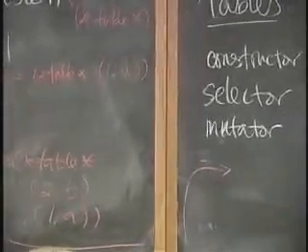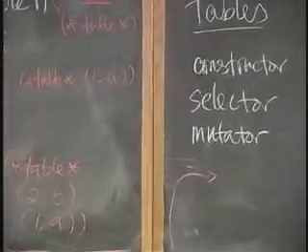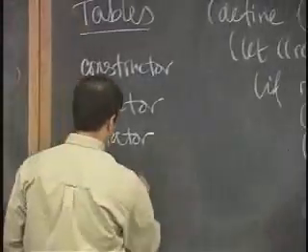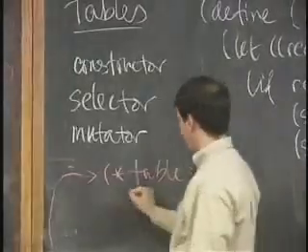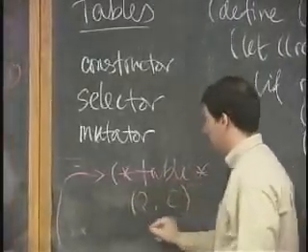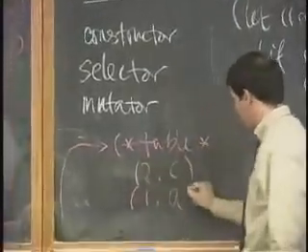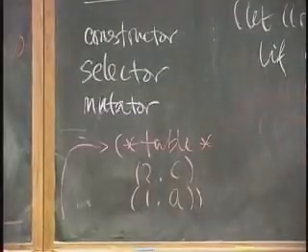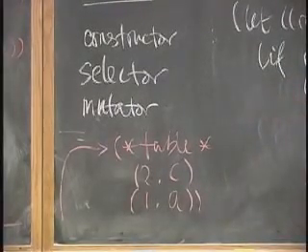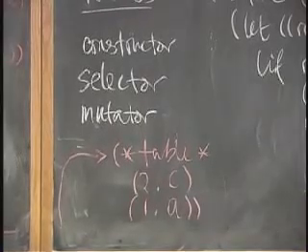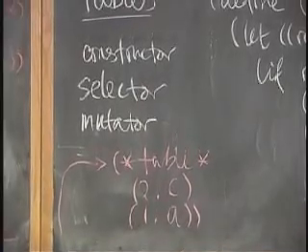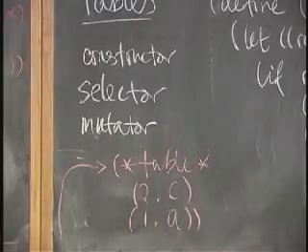What is it going to be? 2.C now, 1.A. Clear? Have we defined a way in tables to delete anything? No, we have not. This implementation does not have a mechanism for deleting entries.